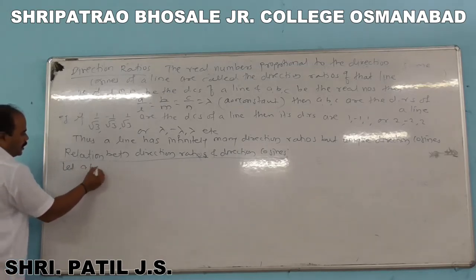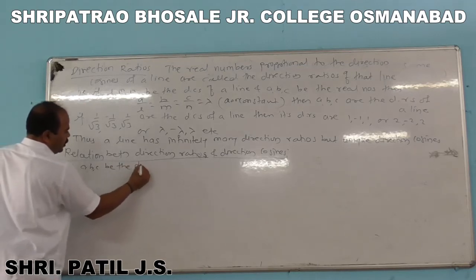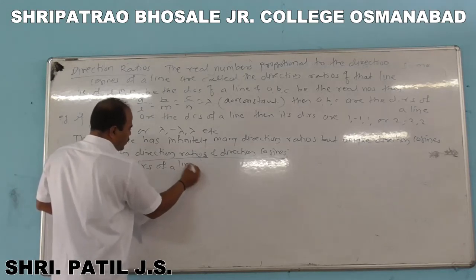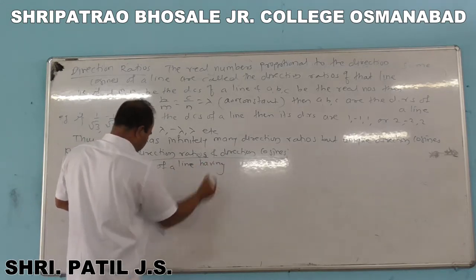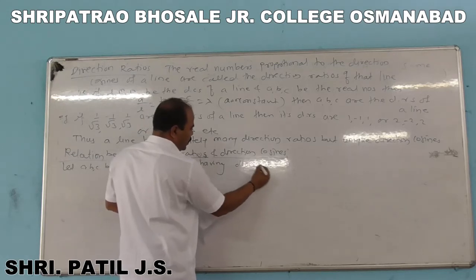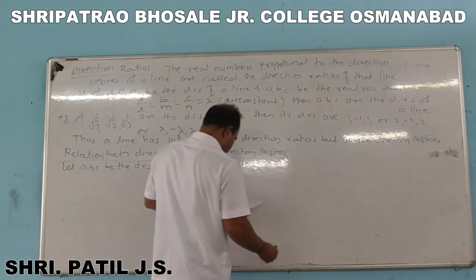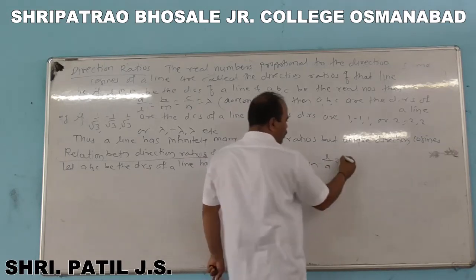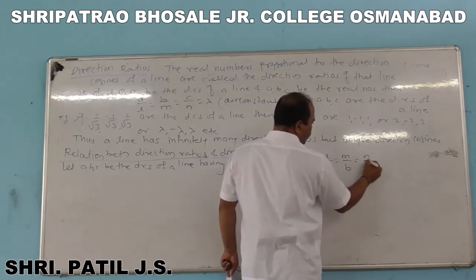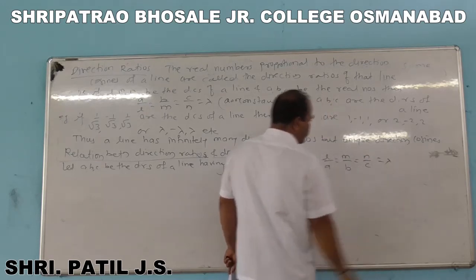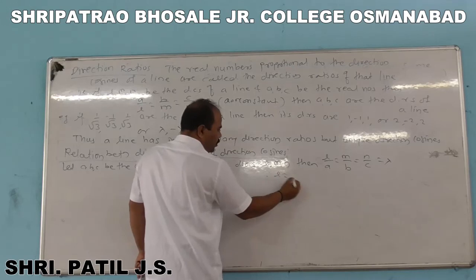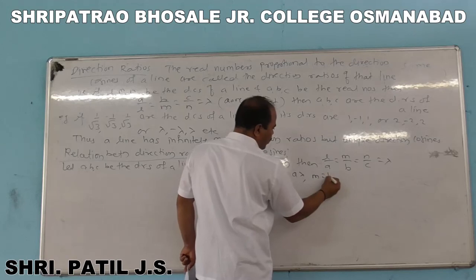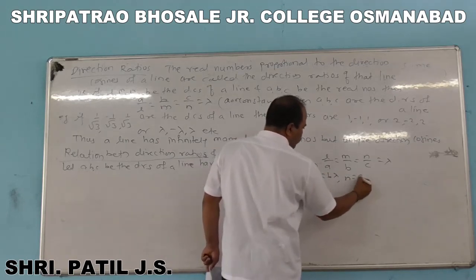Let a, b, c be the direction ratios of a line having direction cosines l, m, n. Then l upon a equal to m upon b equal to n upon c equal to some constant gamma. Therefore, l is equal to a gamma, m is equal to b gamma, n is equal to c gamma.